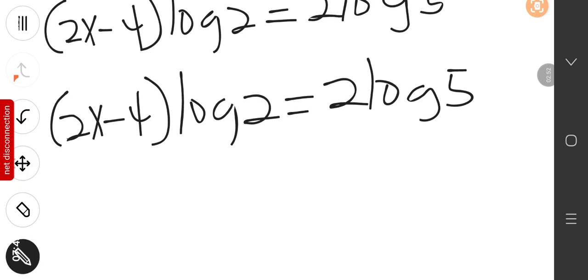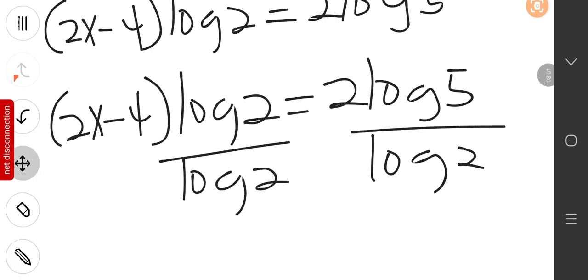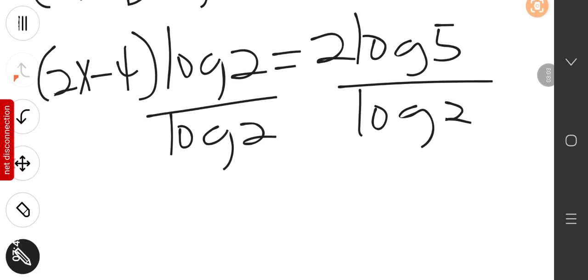Okay, now let's divide here by log 2, here by log 2. We have already stated that anything over itself is 1. So log 2 over log 2 here is going to give us 1. All right, so we are going to have 2x minus 4 times 1, and that gives us 1.